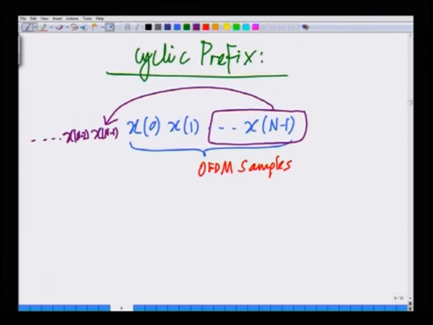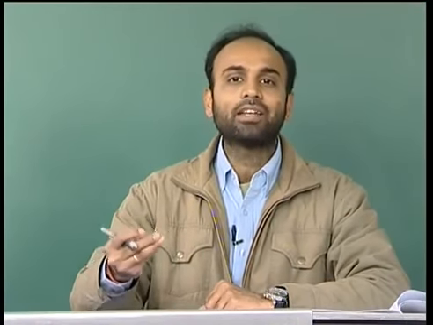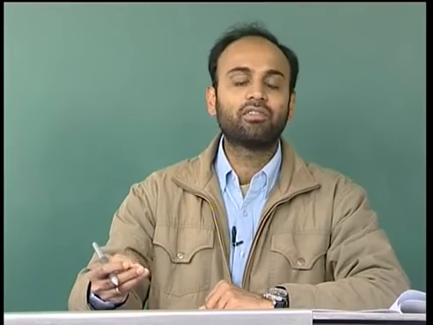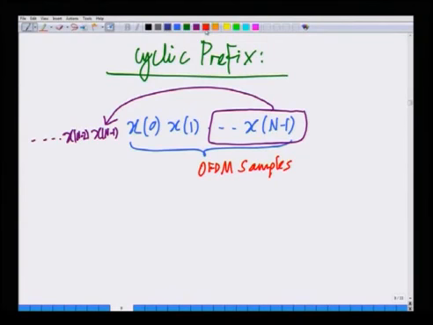Now remember, the first thing I want to point out is how many such symbols of cyclic prefix do we need? We need a number of symbols of roughly the order of the delay spread. Remember, we need at least L minus 1 symbols to avoid interference from the previous OFDM symbol.